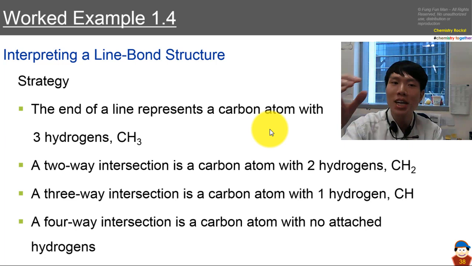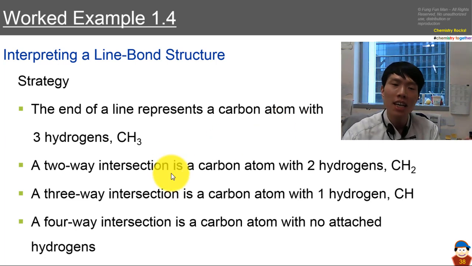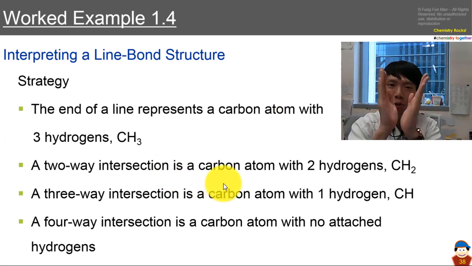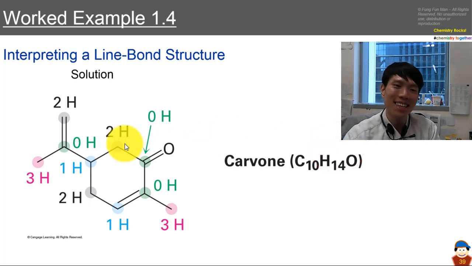It always ends with a carbon, and carbon must have 4 bonds, so automatically there must be 3 hydrogens, a methyl group. And the two-way intersection is a carbon with 2 hydrogens. So these are words you may want to copy, but to me it's easy to see. This part here, 2 lines means the last 2 bonds must be hydrogen. This carbon here, I see 4 lines, so there's no hydrogen connected to it.